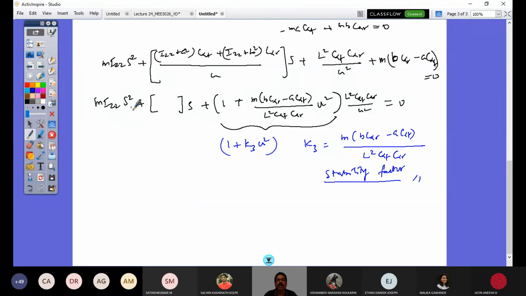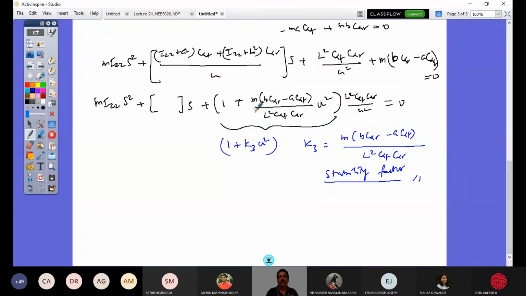Then looking at the roots I would be able to see whether they are complex conjugate roots or real roots. You can investigate that later on. So that is what stability analysis is. Later on that we will do.